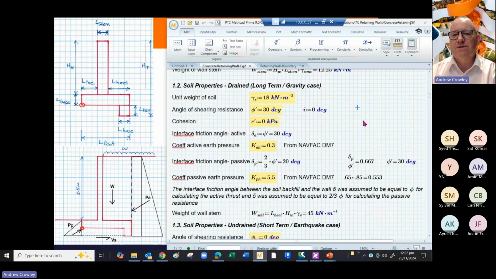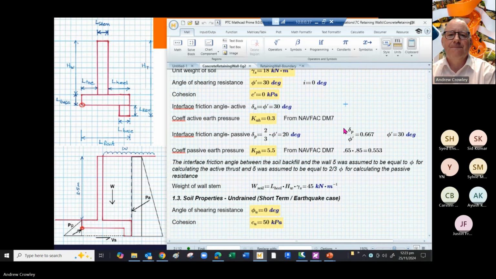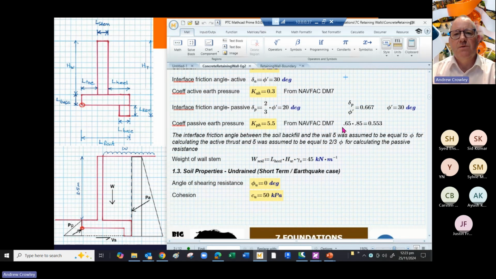We assume from soil parameters that our unit weight of soil, gamma S, is 18, our angle of shearing resistance is 30, and our inclination is 0, of course. And we've got an effective cohesion for the drained condition of 0. And from that very old graph, the Navfac graph that's provided in the example, you take the coefficient of active earth pressure, KAH, as 0.3, and the coefficient of passive earth pressure as 5.5.